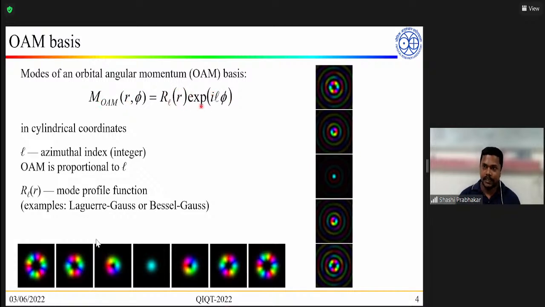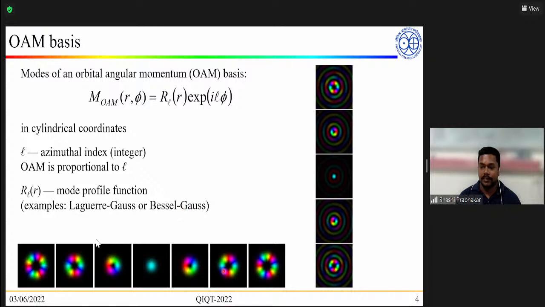The phase part, as I told earlier, has the azimuthal index, which are integers that vary from minus infinity to infinity, and the mode profile part can be Laguerre-Gaussian or Bessel. These are the two most common.